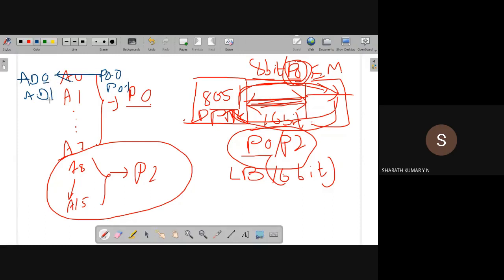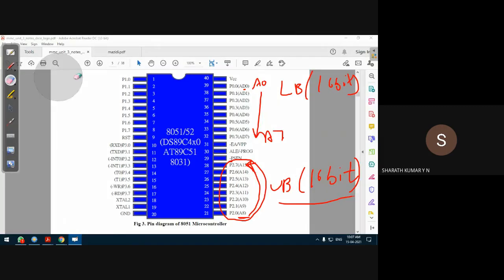The 0 and 1 represent the bit position, that is LSB and LSB plus 1. Likewise P0.7 corresponds to AD7.